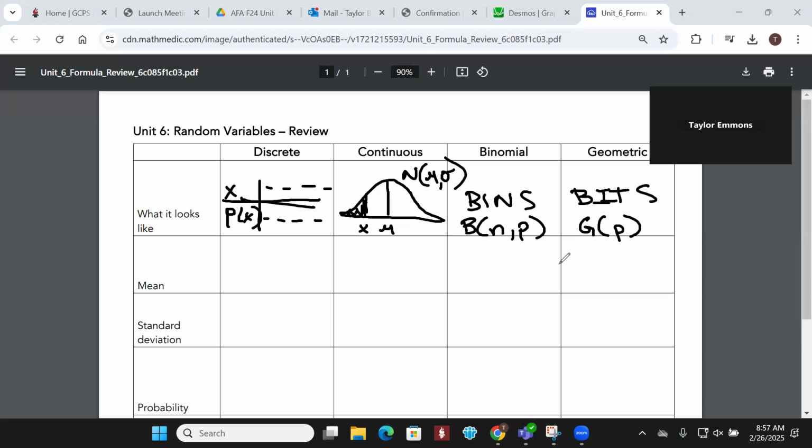Okay, cool. Now what does the mean look like for these? The mean for a discrete value is going to be what we call the expected value. So here's the formula for expected value. Remember, it's your value times your probability, add all of those up. So again, for discrete, we oftentimes use expected value interchangeably.